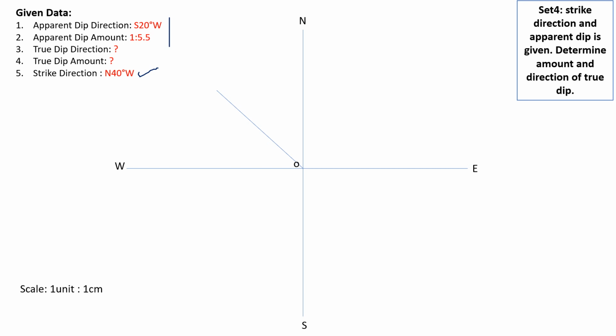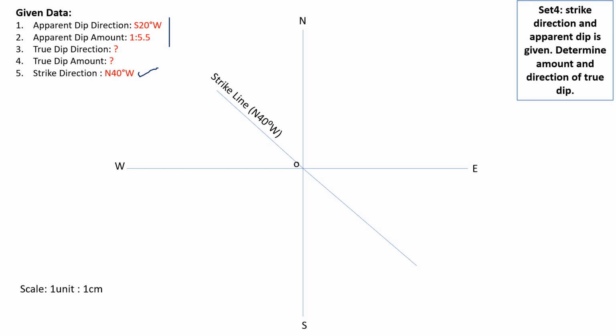From the previous problem, we have seen that the strike direction always has two directions, one with respect to north and another with respect to south. They are opposite. So we can extend this line towards the south as south 40 east. Now we got a straight line.